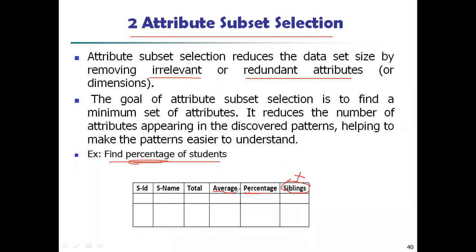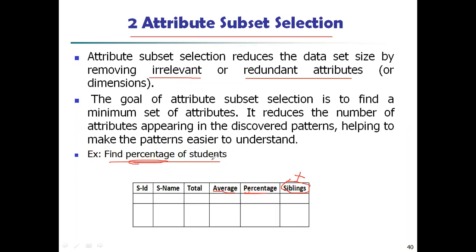The average column and the percentage column would have the same kind of data, isn't it? The percentage of a student or the average of the particular student, both are the same. So what is the need to maintain these two columns at a time? No need, better to remove one. Either you may remove the average column, or otherwise you may remove the percentage column, whatever it may be.